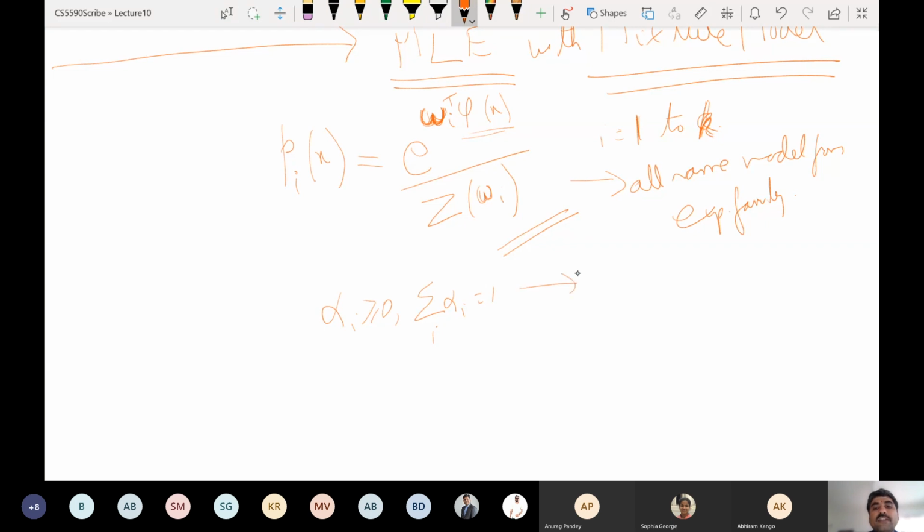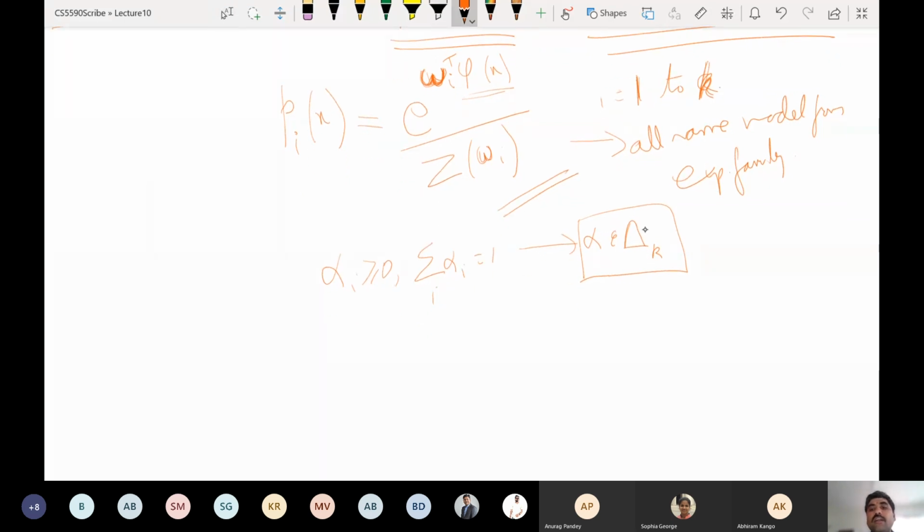A simple way of writing these constraints is to say alpha belongs to delta k. If I say alpha belongs to delta k, it means there are k alphas, each of them greater than or equal to 0, and they sum up to 1. The name for delta is simplex; it's called the k-dimensional simplex.